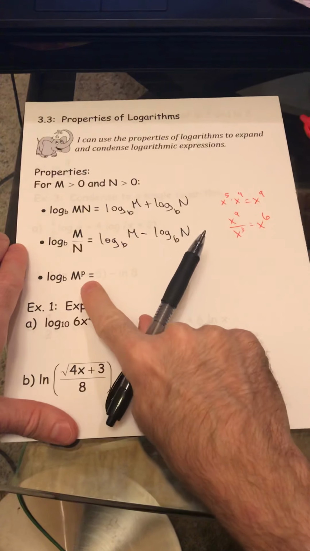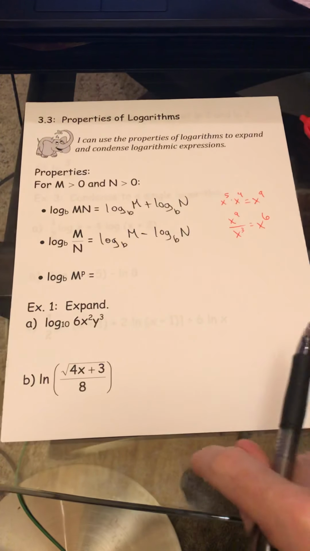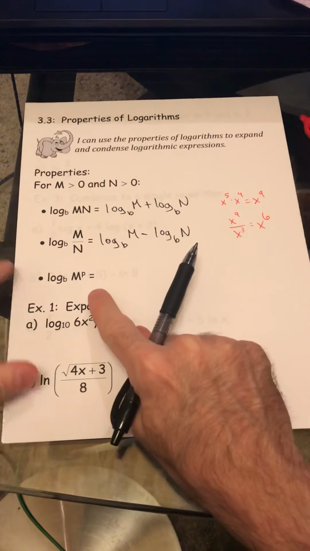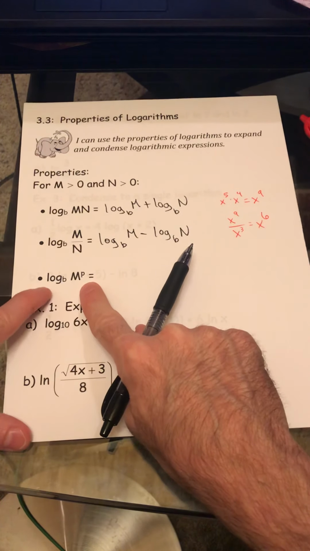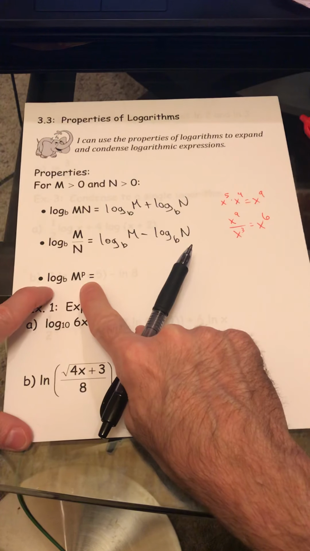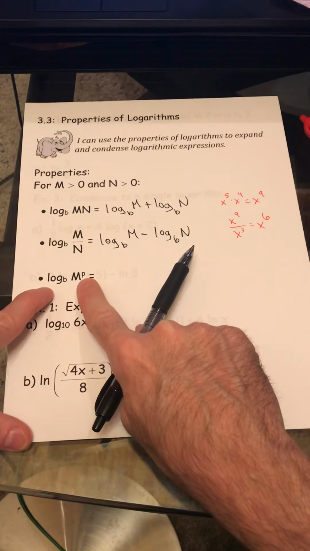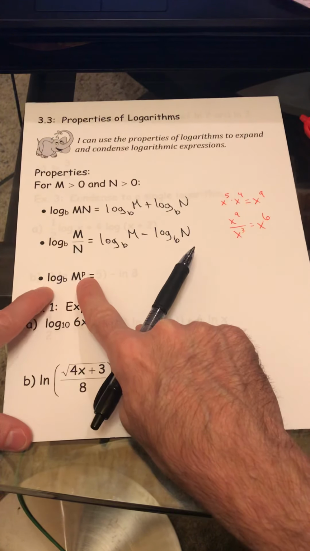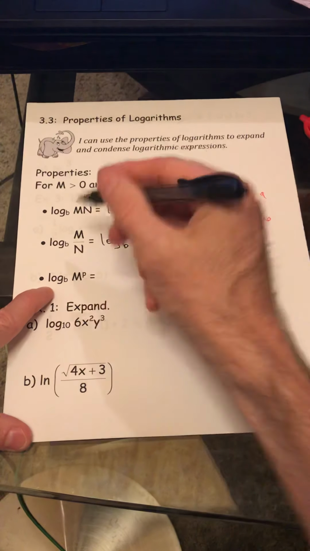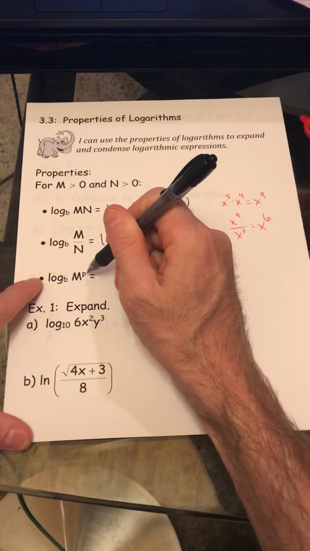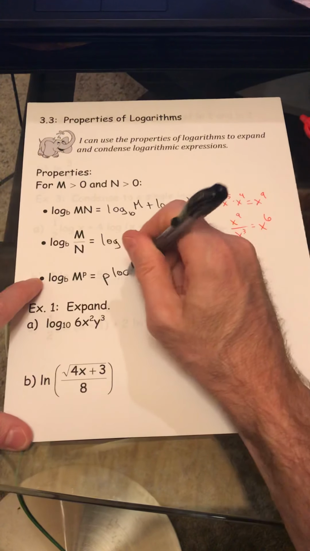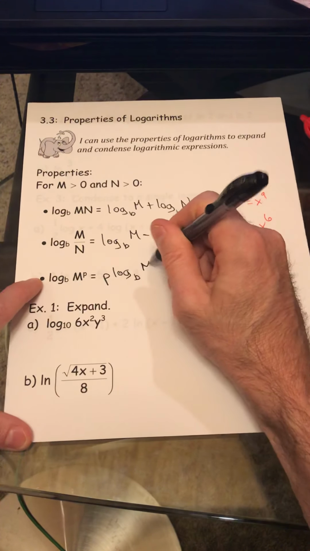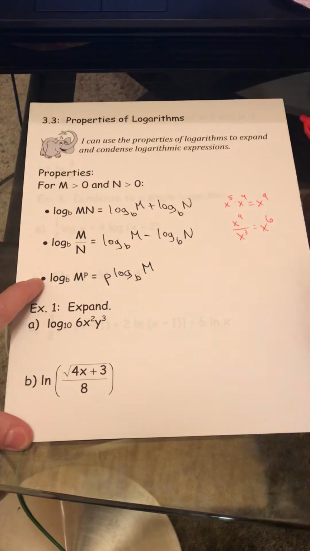Now, this last property, I've already kind of alluded to it a little bit. I think in the final example in 3.2 with logarithms, we had a power inside of the logarithm. If you have a power inside of the logarithm, you can move it out to the front as multiplication.